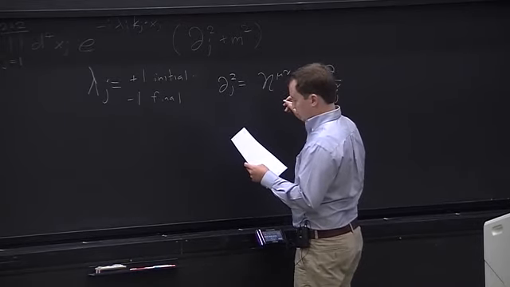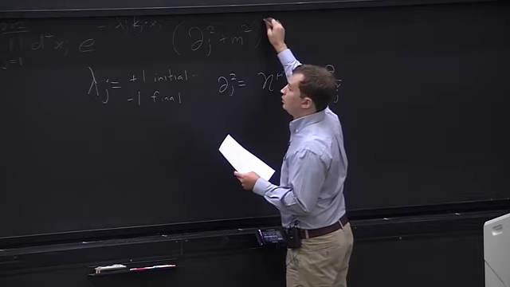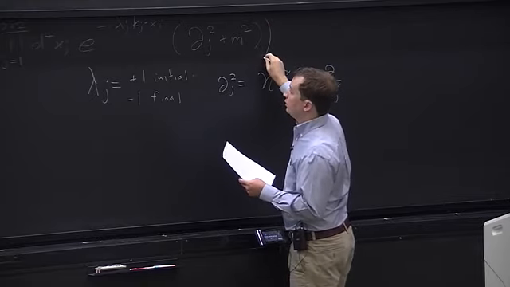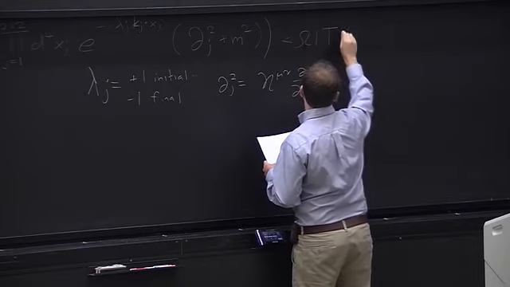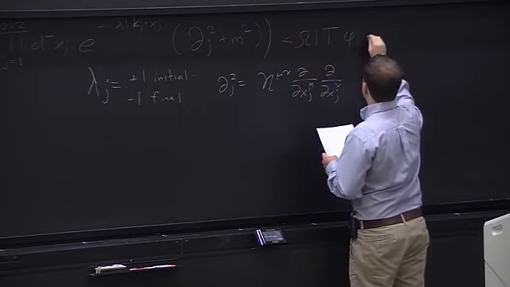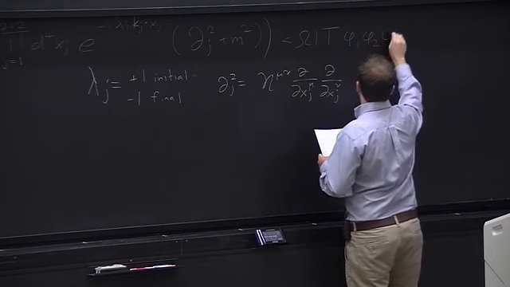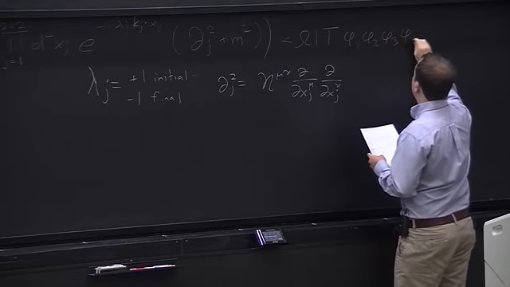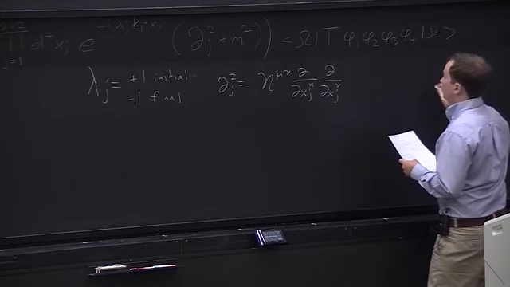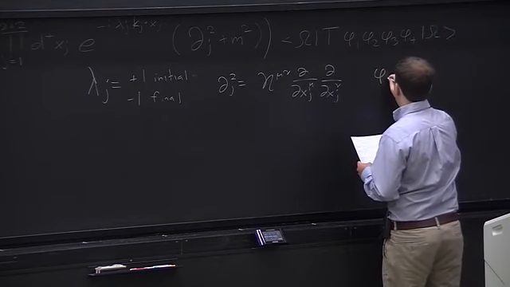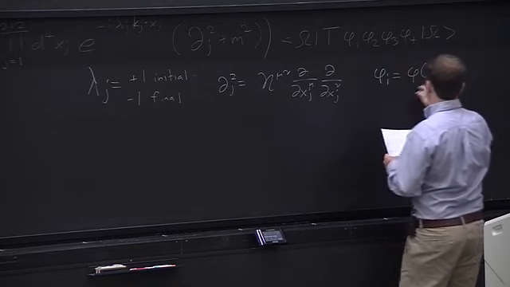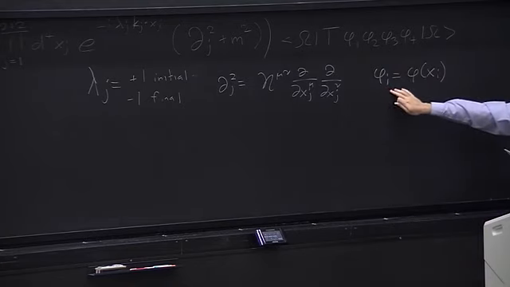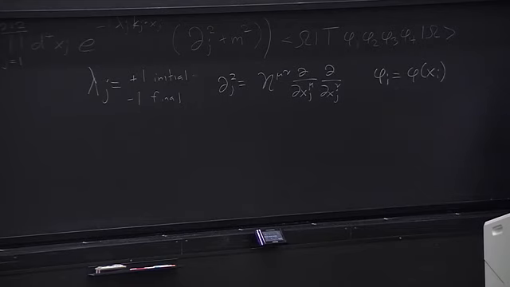And this is all acting on a time-ordered product of fields. So here, by phi I mean phi of x i. This is a shorthand notation I'll be using frequently throughout the course.